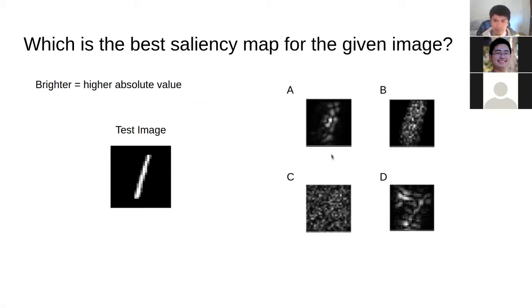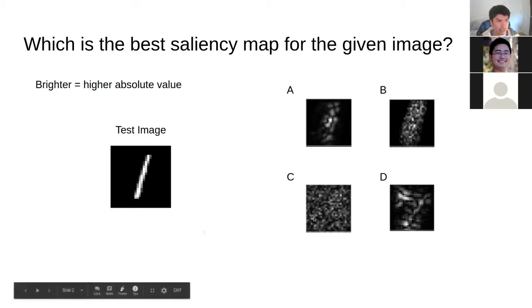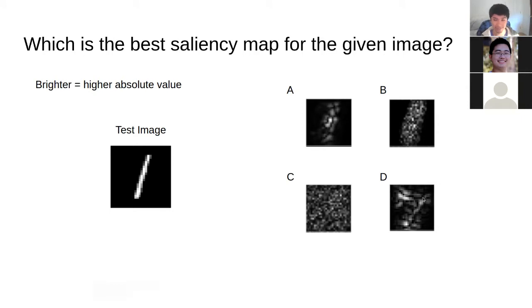This one in particular is just gradient, which is just the derivative of the output neuron with respect to the input image, which is probably the simplest possible saliency method. So we have this gradient saliency method, and here I show a bunch of possible saliency maps. These are all legitimate saliency maps. They were produced by running the saliency method. But clearly they're different, because what I did to get them was different.